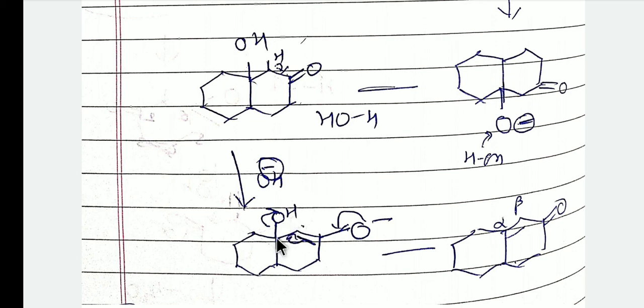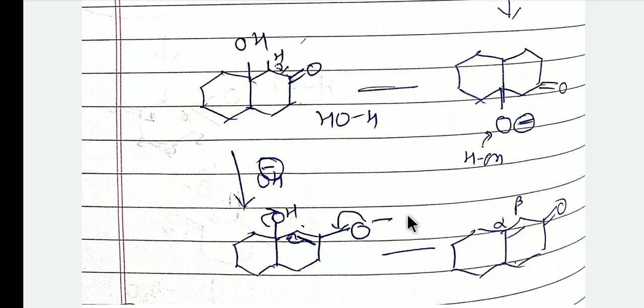So this carbon becomes positively charged. This carbon and this negatively charged carbon form a covalent bond. This is the newly forming covalent bond, and we get the alpha-beta unsaturated cyclic compound.